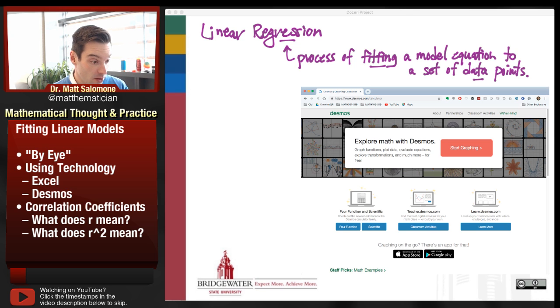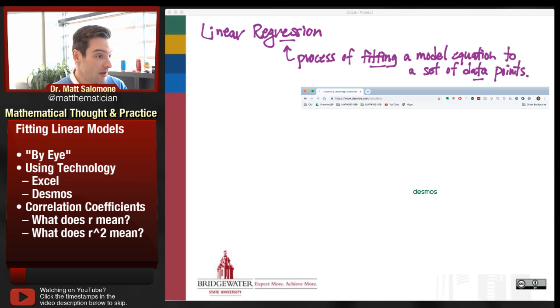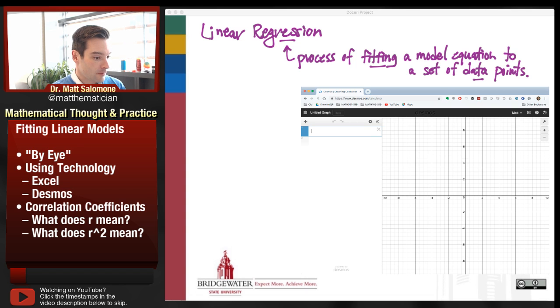So give this a minute just to figure itself out here. This is really bogging my computer down today.